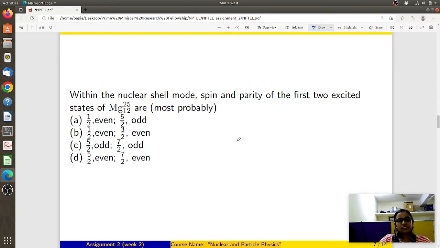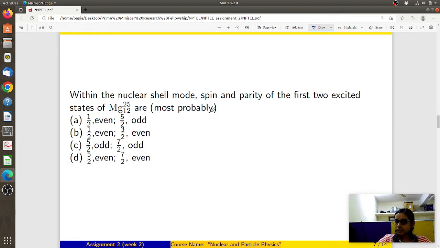The third question I can discuss in a little more elaborate way. It's a little bit different, not that difficult. The question is: within the nuclear shell model, what are the spin and parity of the first two excited states of magnesium-25?